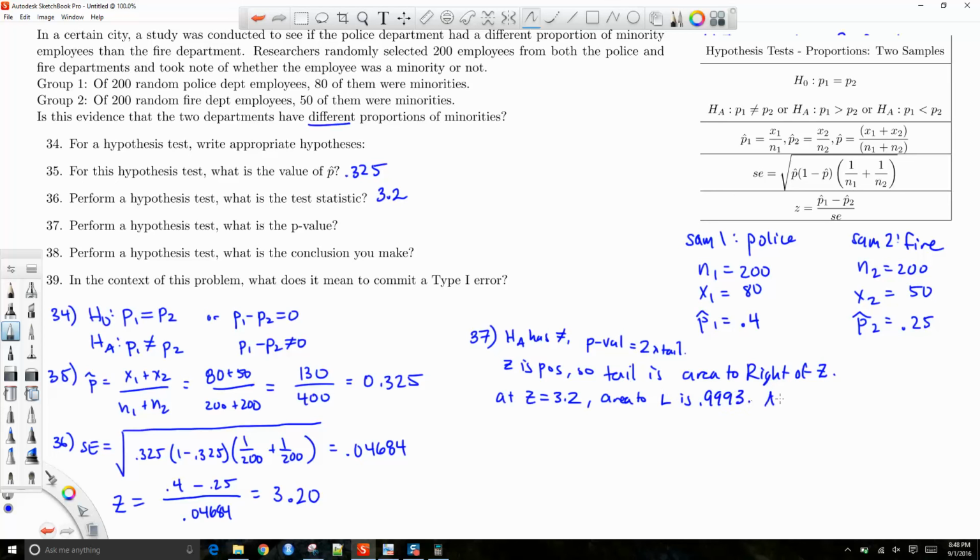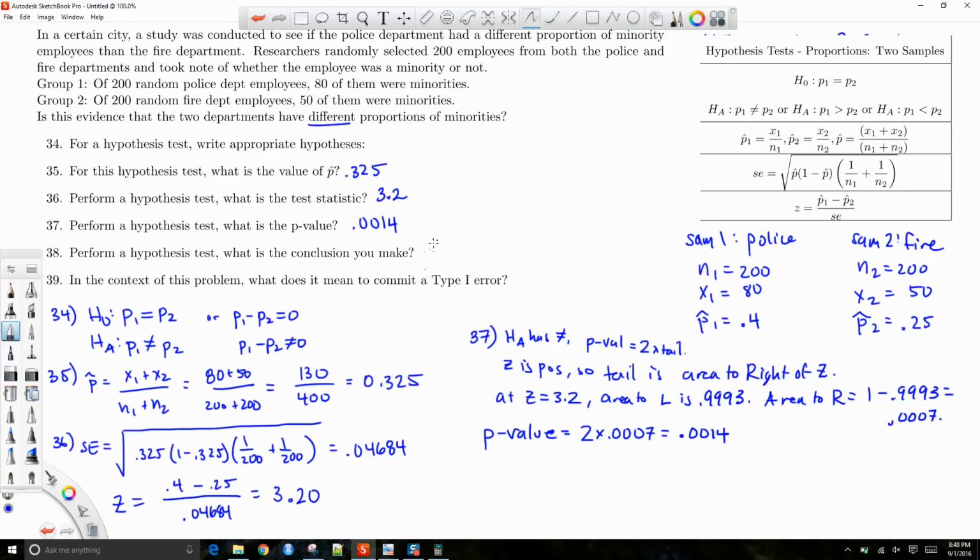Area to the right is 1 minus that, 0.0007. So the p-value is 2 times that. P-value is equal to 2 times 0.0007, which is 0.0014.